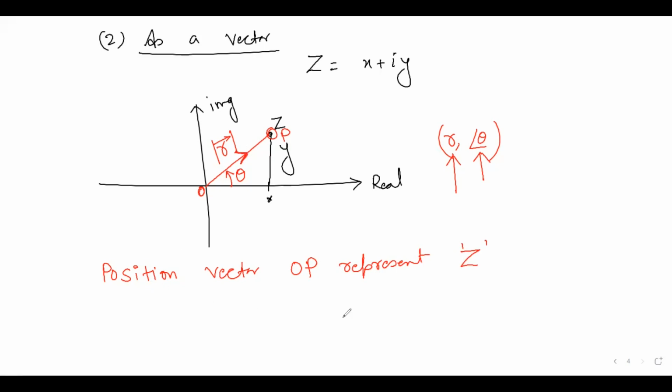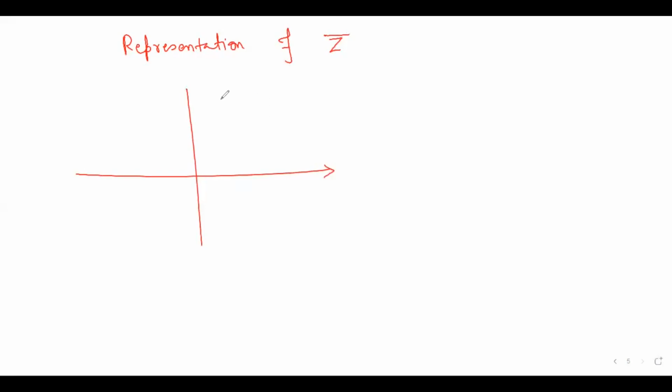Next, how can we represent the conjugate of a complex number? Next we are going to see the representation of z conjugate. That's very important. Let us suppose we have a complex number z equal to x plus iy. Let's suppose this is the point z, x comma y.